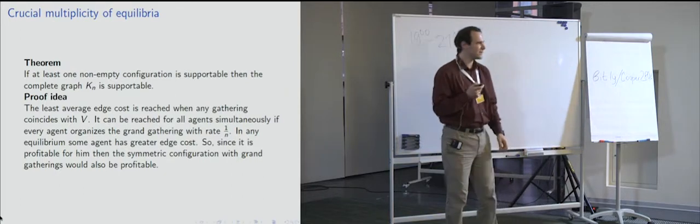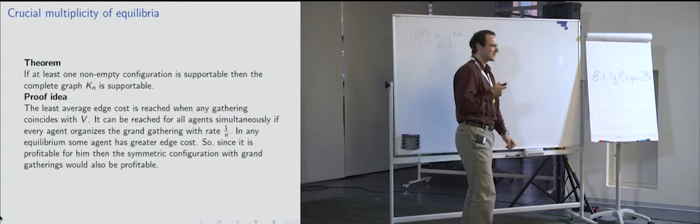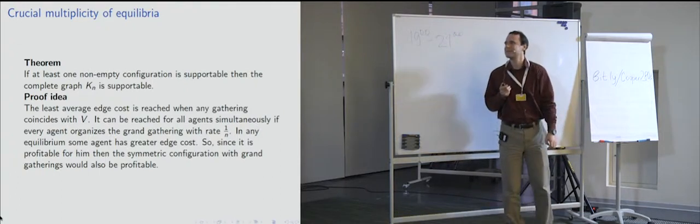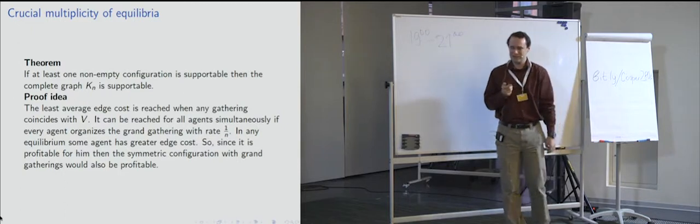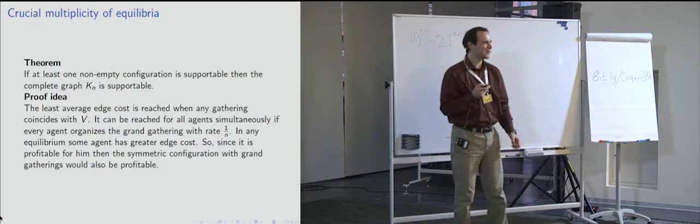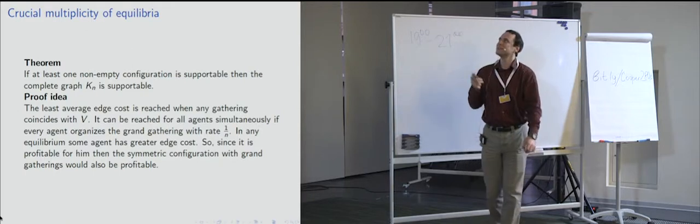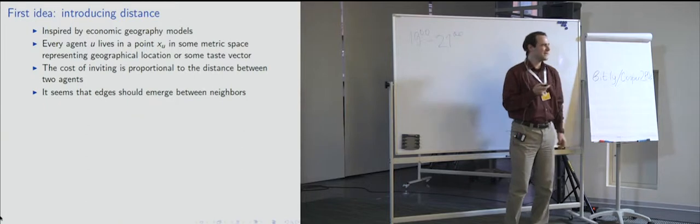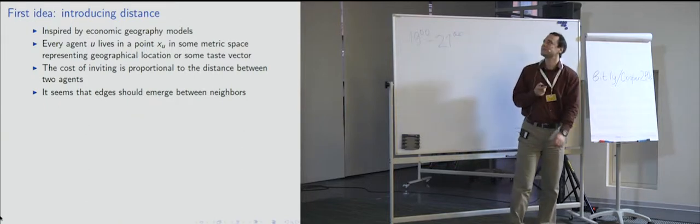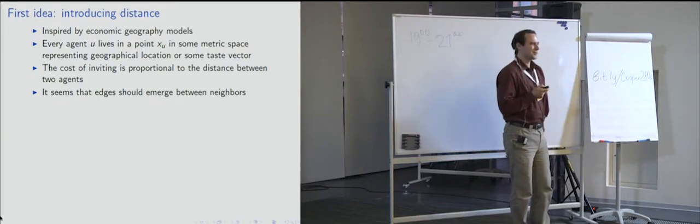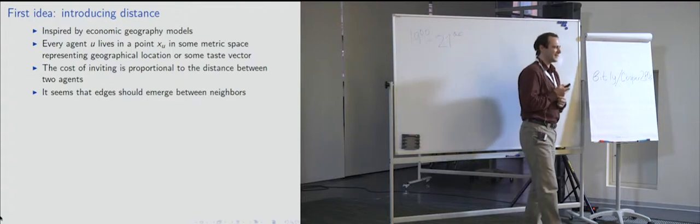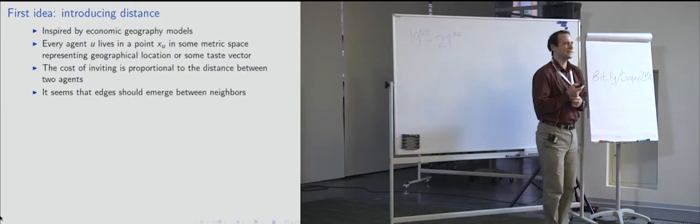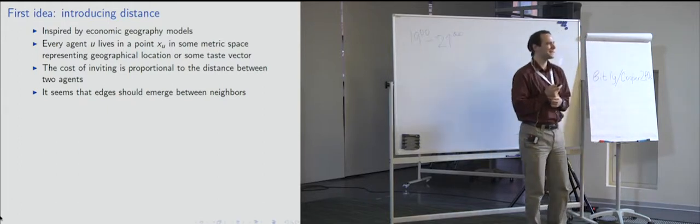Well, we try to attack this upsetting fact, and try to somehow change the model so that this fact is no longer true. Our first idea was inspired by economic geography models, and the idea was to introduce distance, to say that all agents live in some metric space.